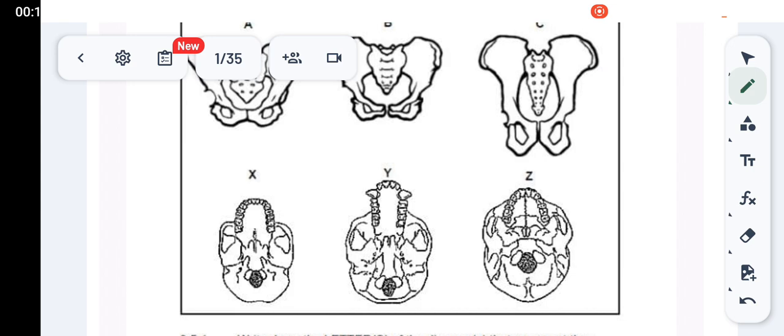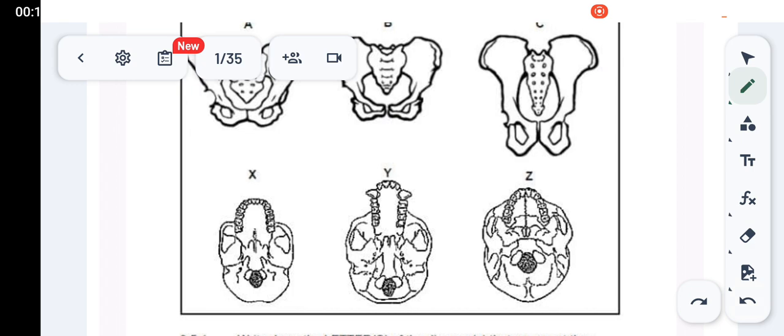Right. Then let's take a look at the ventral view of the 3 skulls of the organisms. So now, we do see at X, we do see the less prominent canines, and that is for humans. Okay? Humans have smaller canines. And then we can also see that the foramen magnum is at the front. Right.